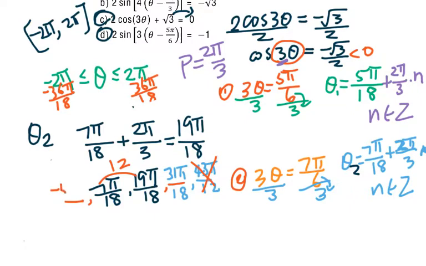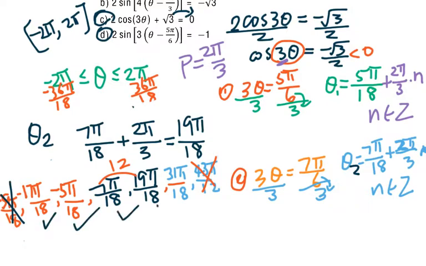Then I get negative 5 pi over 18, negative 17 pi over 18. Then you have negative 39 pi over 18. Then you need to cross this out. So basically you have 1, 2, 3, 4, 5 answers for this list between negative 2 pi to 2 pi.